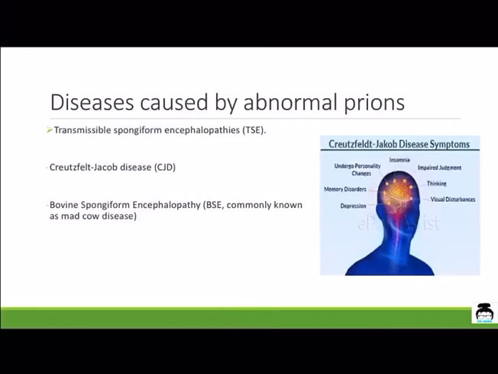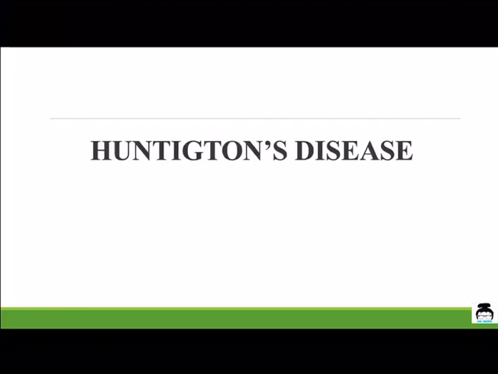Now, these abnormal prion proteins, the PrPSc, might cause memory disorders, insomnia, depression, impaired thinking capability, visual disturbances, impaired judgment, and so on. So there are many problems associated with abnormal prion proteins, which is PrPSc.